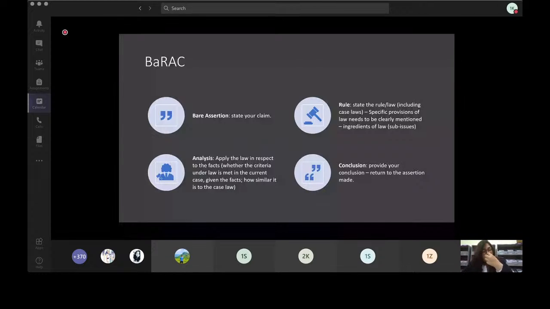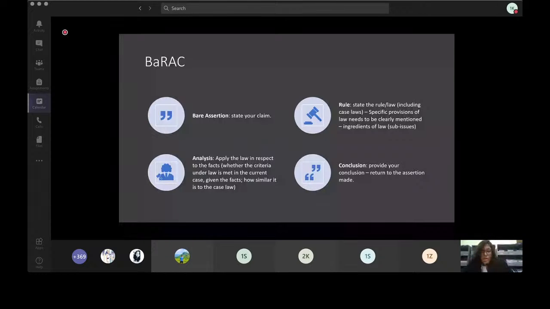Once you are done with stating the issue and the sub-issue you're dealing with, you move on to the rule and analysis aspect. In your memorandum, you deal with rule and analysis separately, but when you're talking, you usually combine the two to have a better and coherent argument. For instance, if we take the Citizenship Amendment Act, you may say, the counsel on behalf of the petitioners submits before this court that the present enactment by the government has violated Article 14.